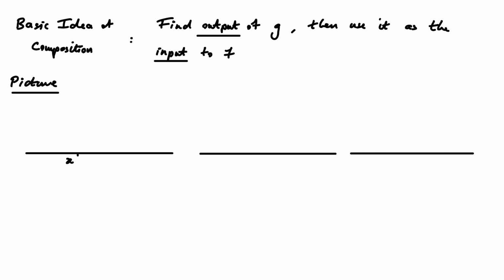So if I feed it into g, what happens? I end up going over to some g of x, don't I? So this is me feeding x into g. So this is the input into g.